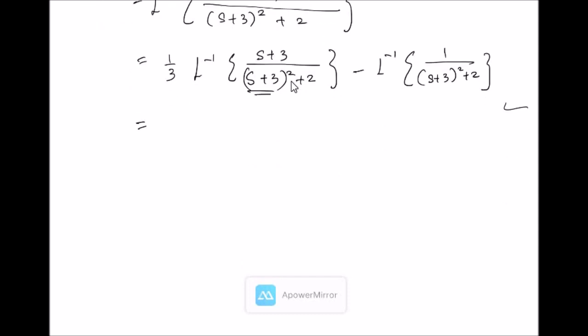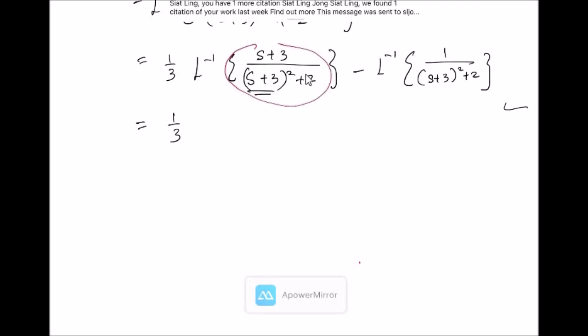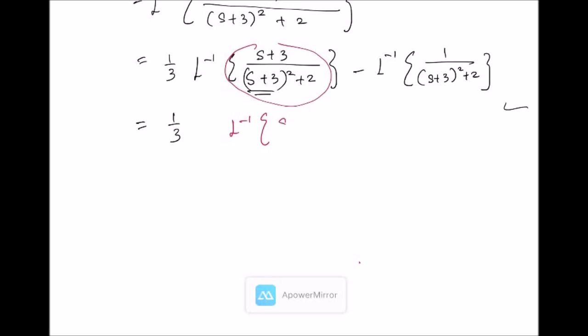So for this part, 1 over 3. And then next is this part. So for this part, I will have the inverse Laplace transform of this whole thing, s plus 3 over s plus 3 squared plus 2.